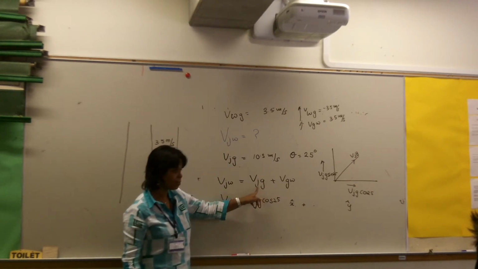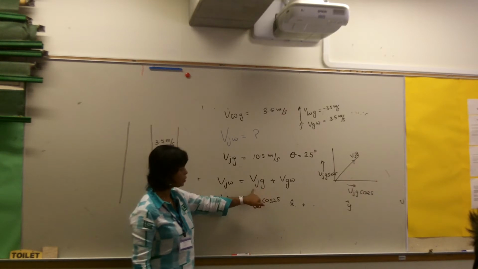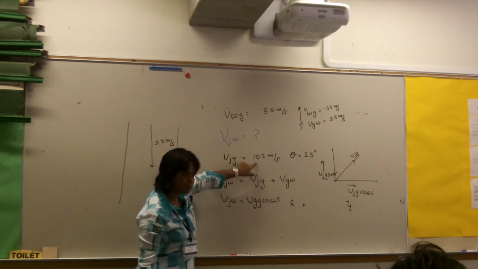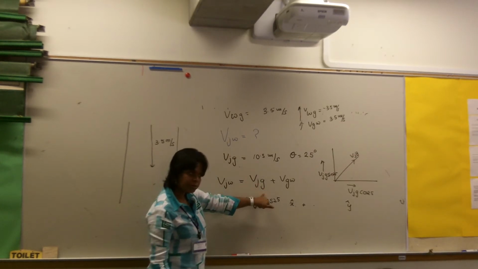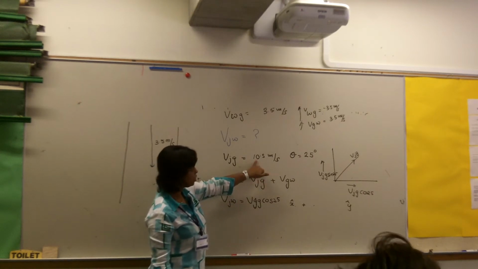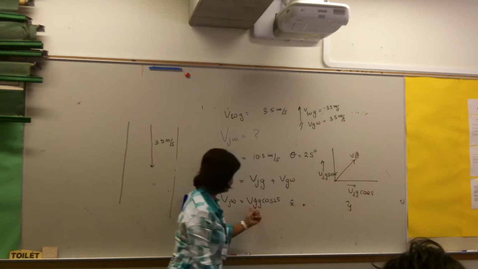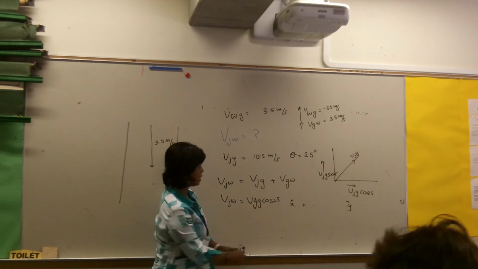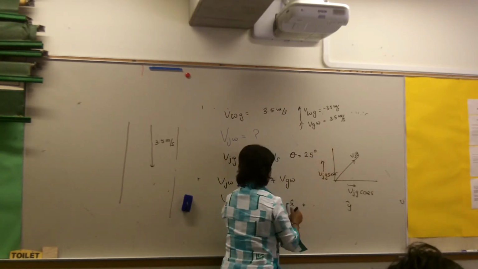Is that clear to you guys? This we know. We are using JG, but that's what we already know. That's how the information is given. Jet ski speed relative to the ground is 10.5. But since it has a direction, we take the x direction: VJG cos 25. Is that clear? That is the x. Y is toward the upstream.